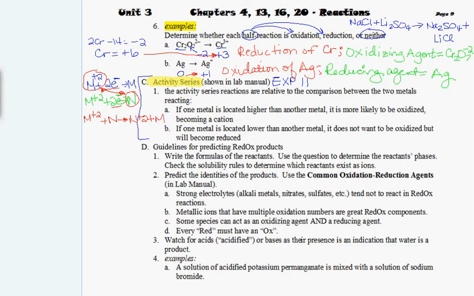In the activity series, what you're really saying then is that this metal with the ion is being reduced. And since it's being reduced, it's actually causing the oxidation of this other metal, letter N.